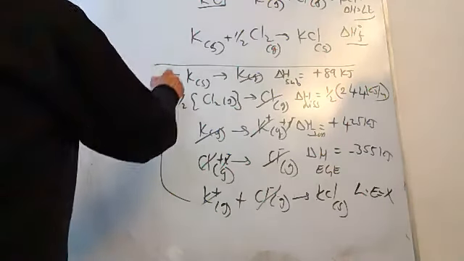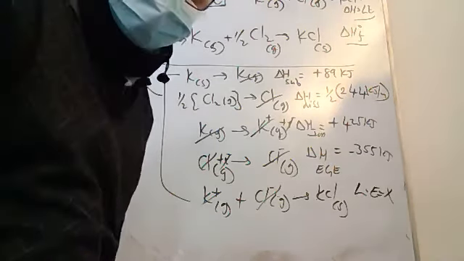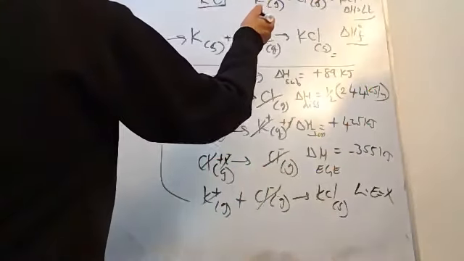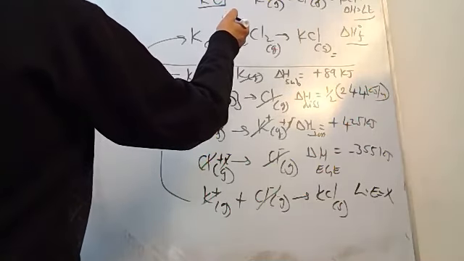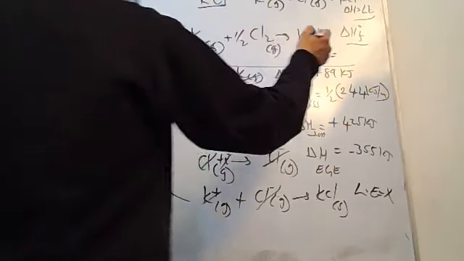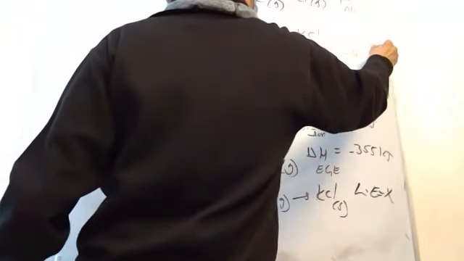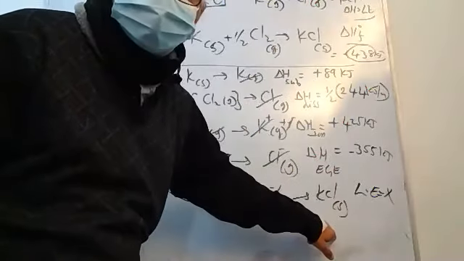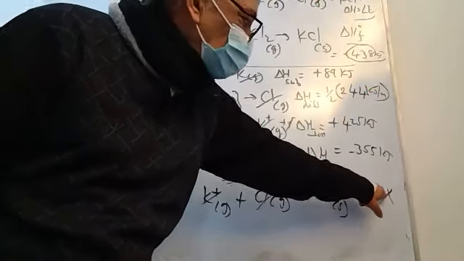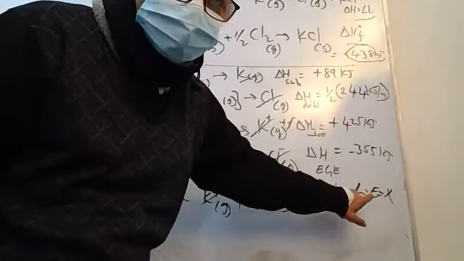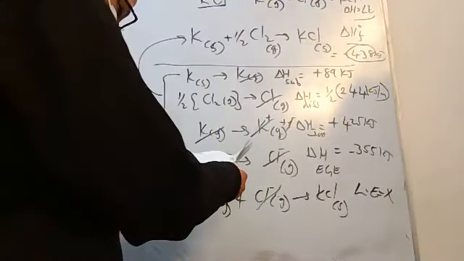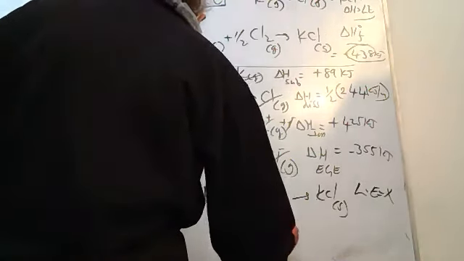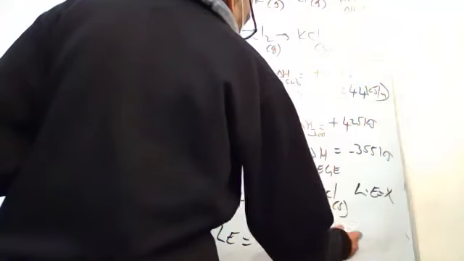Hess's law tells us that the heat of formation of potassium chloride, which is negative 438 kilojoules and known experimentally, must be the sum of all these delta H values. In here you have the unknown lattice energy, so you can solve for it. When you solve, the lattice enthalpy or lattice energy comes to negative 719 kilojoules.